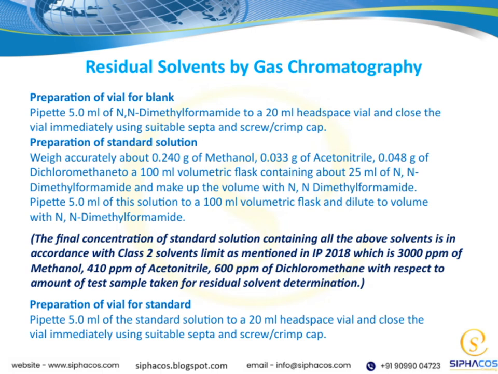From this, we pipette 5 ml into another 100 ml flask and dilute to volume with N-dimethylformamide. This process ensures we have a precise, diluted standard solution that aligns with our analysis requirements. Overall, these preparation steps are crucial for accurate residual solvent analysis using gas chromatography, ensuring our results are both reliable and compliant with regulatory standards.